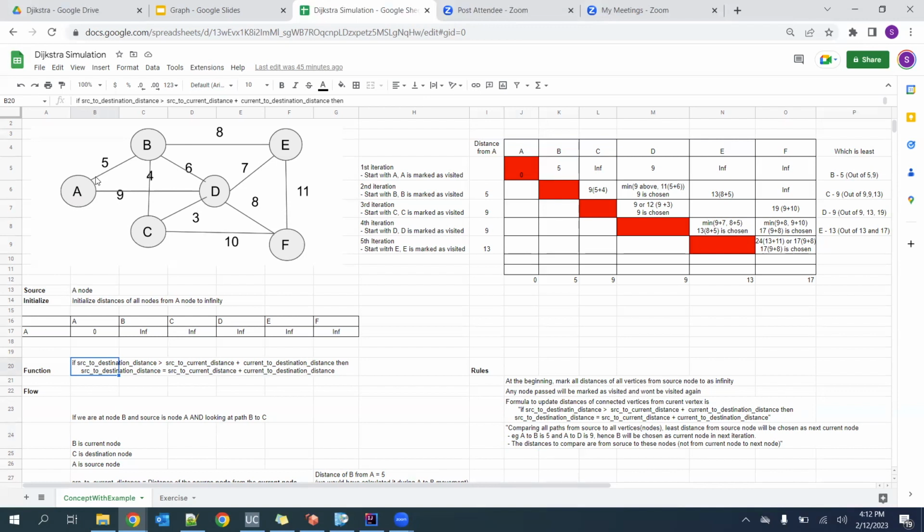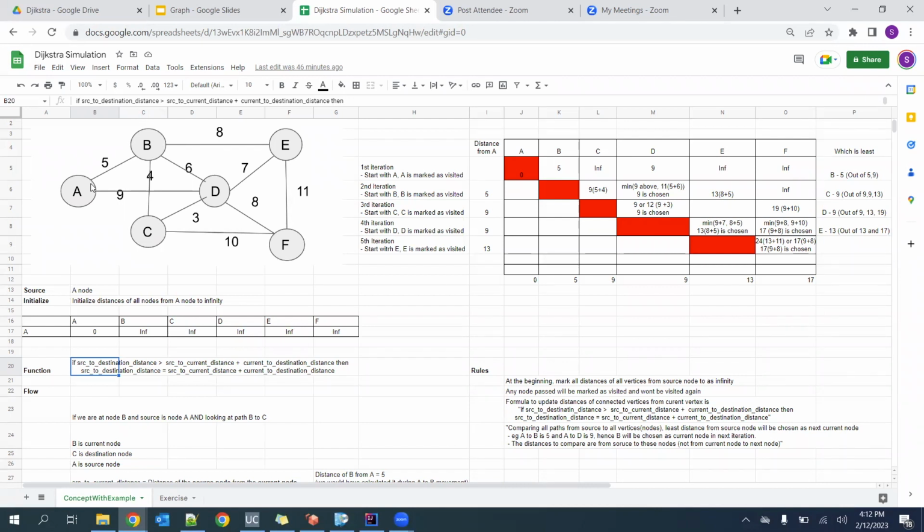A to C is via this path and via this path, correct? So if source to destination distance is greater than source to current distance, let's say we are at node B. Let's consider two scenarios. We are at node B, and we'll see how to navigate from A to B. We will go over this chart soon, but let's say we are at node B.